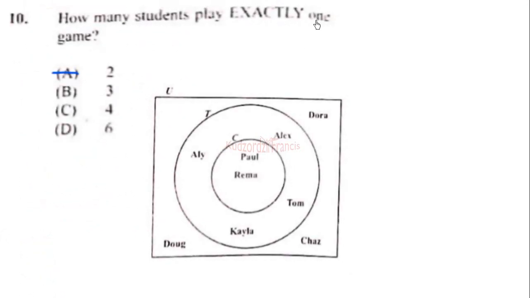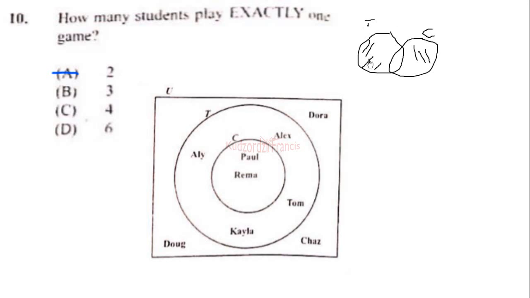How many students play exactly one game? So exactly one game is, like we saw earlier, this region plus this region. This is tennis, and this is chess.